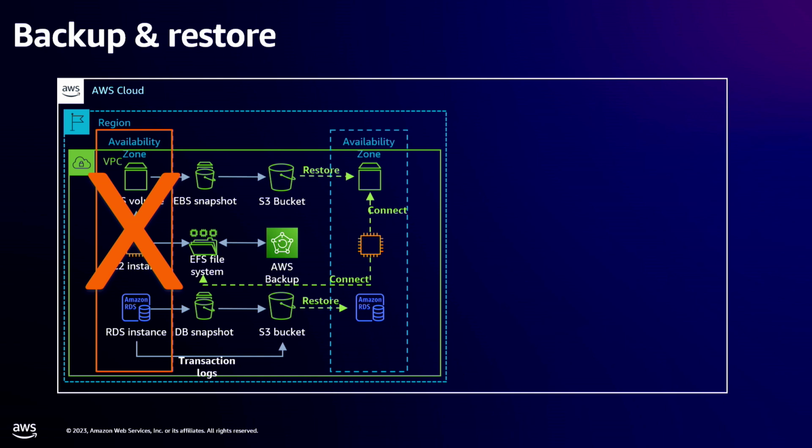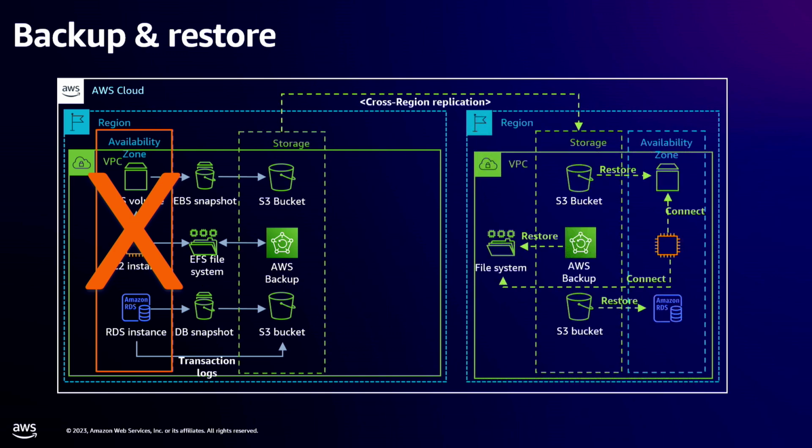Now, we can apply the same approach for cross-region backup and restore. And we can do that by enabling cross-region replication at the S3 level. That will basically make my snapshots not just regional versus zonal, but also cross-regional.